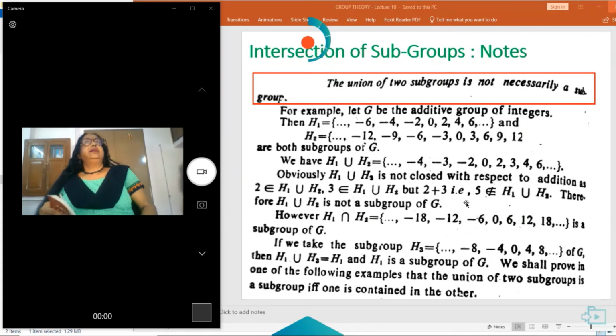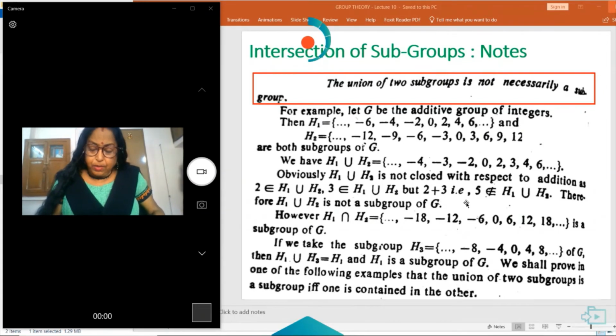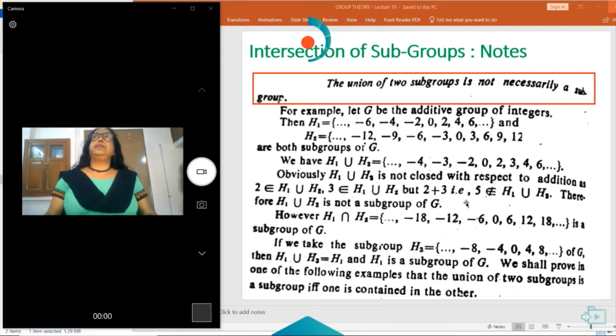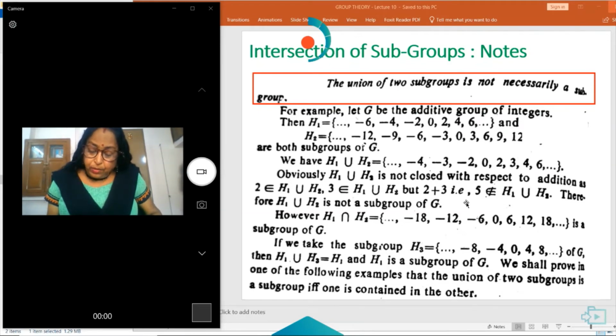Now, the intersection of two subgroups is a subgroup, but the union of two subgroups is not necessarily a subgroup.